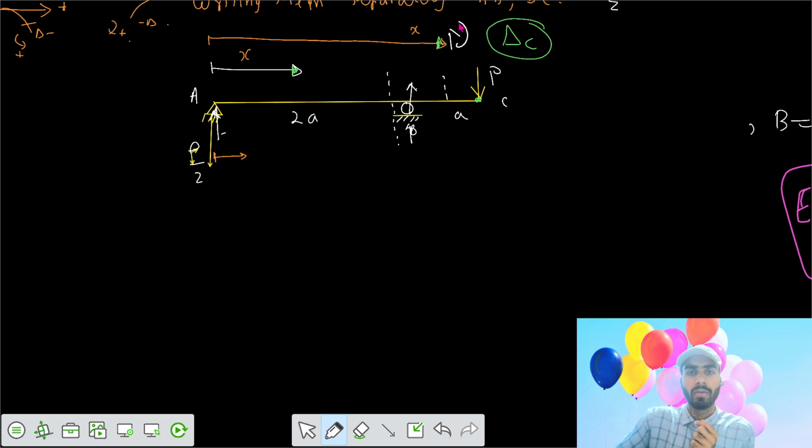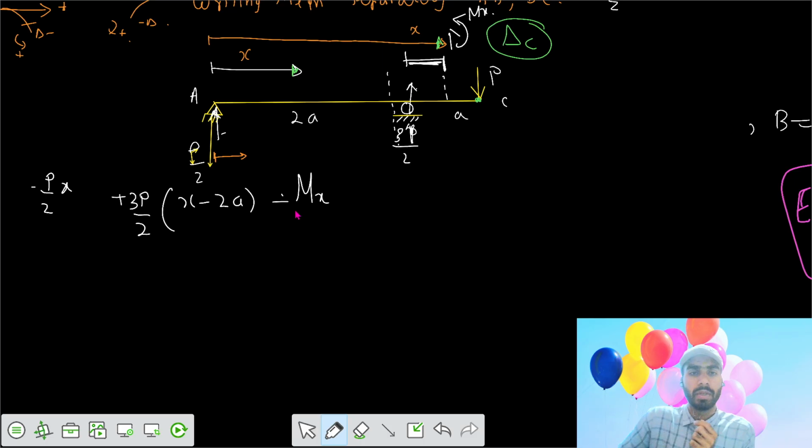We can write that the shear force is V and the moment here is Mx. Now we can write P by 2, minus P by 2 because it's anti-clockwise, into x. Then we have the reaction here, 3P by 2 upwards, so we have clockwise 3P by 2 into x minus 2a, then the anti-clockwise moment Mx equals 0. That means your moment at any x becomes this, and we can write it equal to EI d2y by dx2.